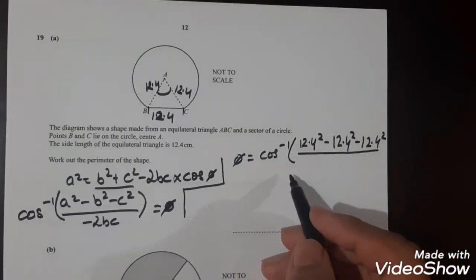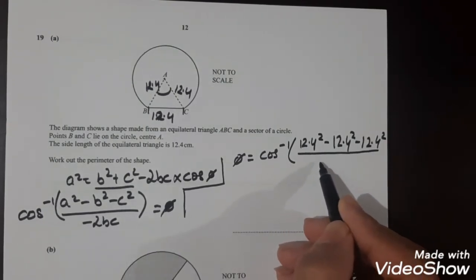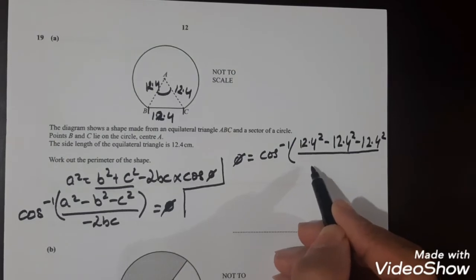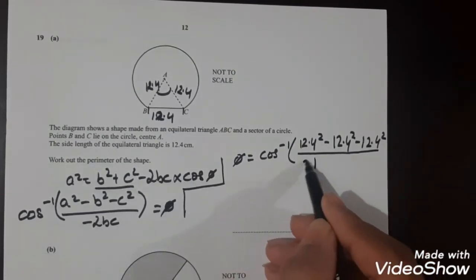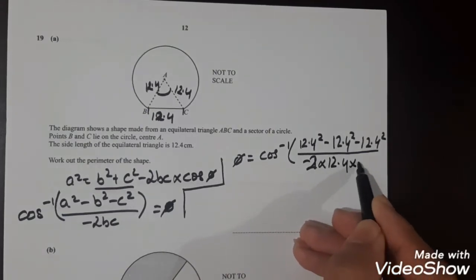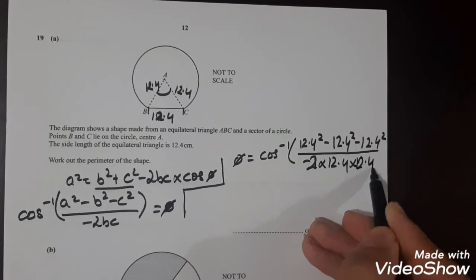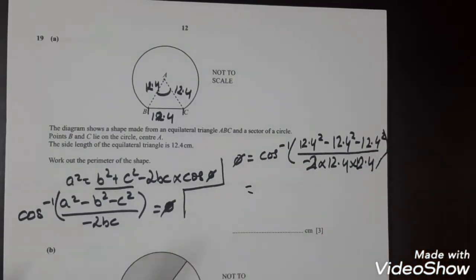Then we will write divided by minus 2 multiplied by 12.4 multiplied by 12.4, like this, and then we will use the calculator.